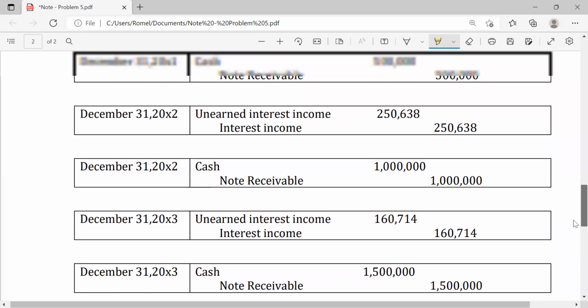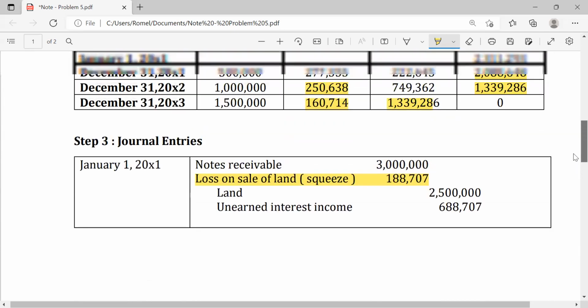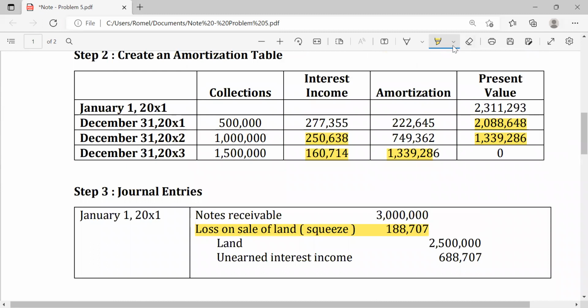And then, again, important concern for installments is this: current and non-current portion. So let's have an example. On December 31, 20X1, the present value of the note is 2,088,648.